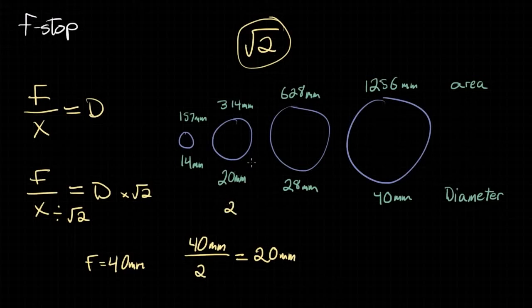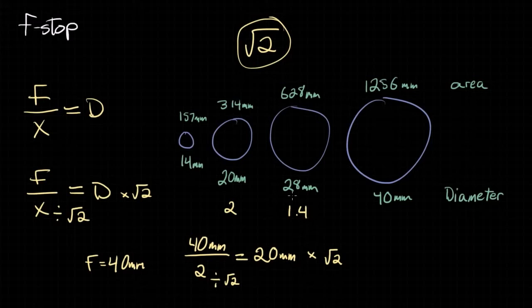Now, we want to go to the next size aperture and get double the amount of light. So we're going to have to multiply our diameter by the square root of 2 to double the amount of light. That means we're going to have to divide our f-stop number by the square root of 2 in order to keep this balanced. So now we have a new f-stop number of 1.4.